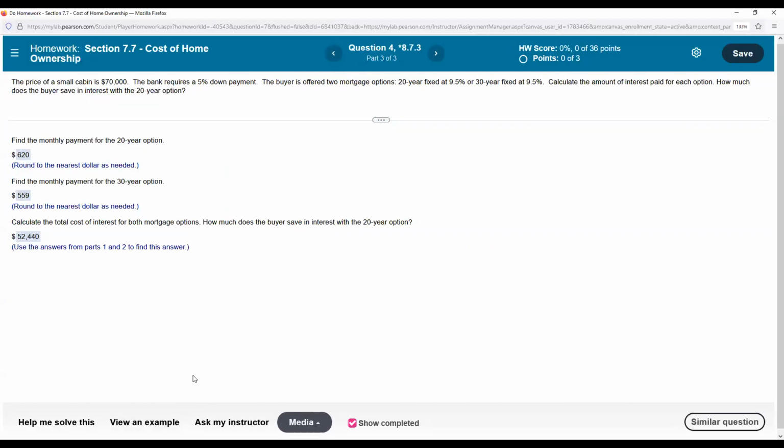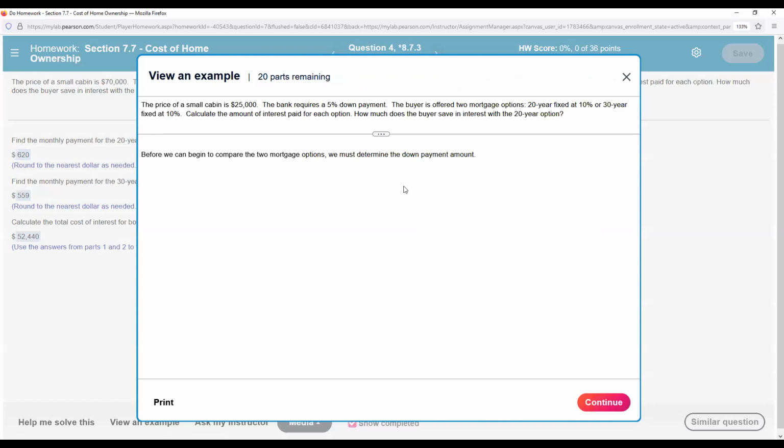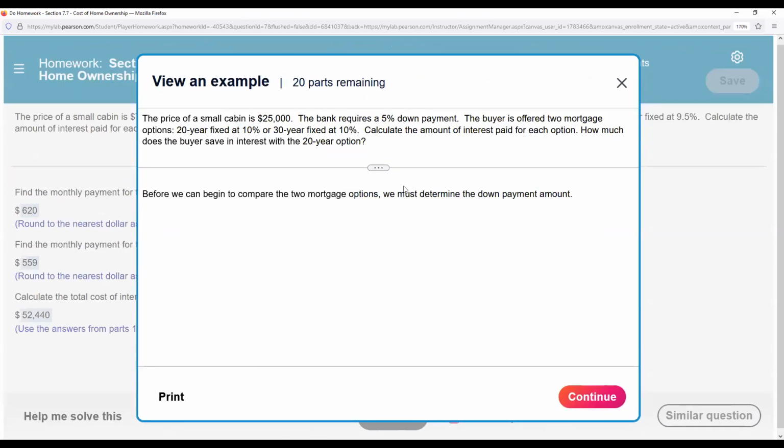It's not the same. Okay, so I'm going to write this on the paper. This is example 2. A small cabin is $25,000.